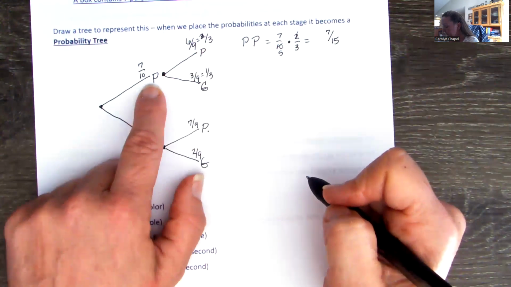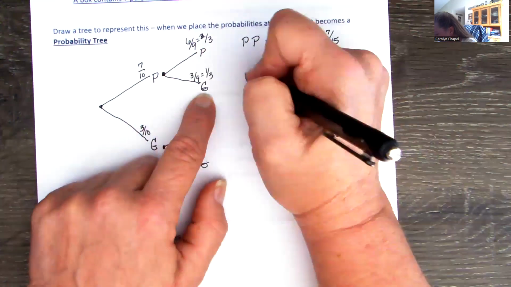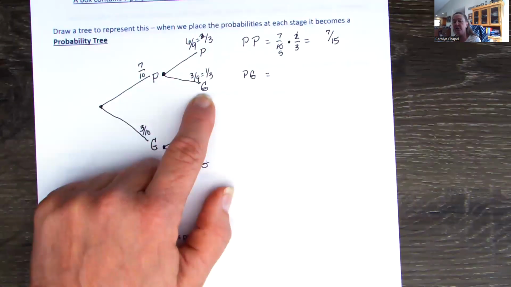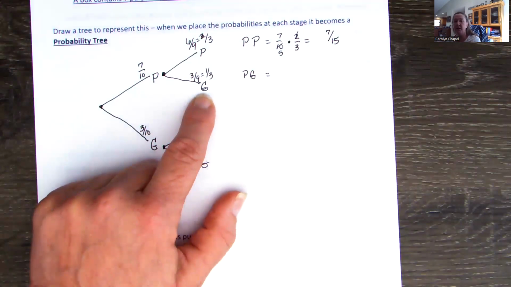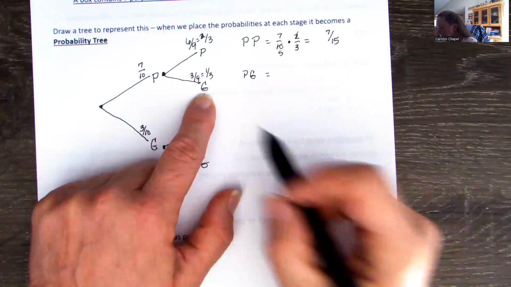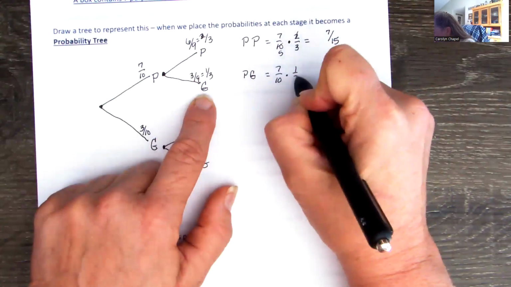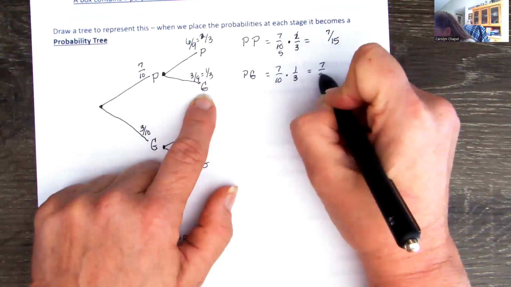Here's my purple on the first and green second, so my purple and green. So I'm going to start hearing the word and, and I'll be associating those complicated multiple step pieces with multiplication. That's 7 out of 10, 1 out of 3, 7 out of 30.